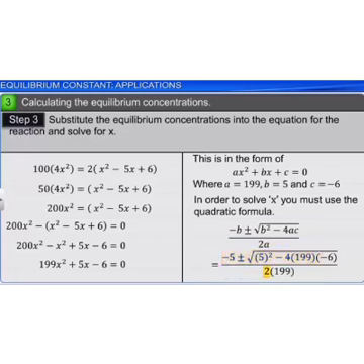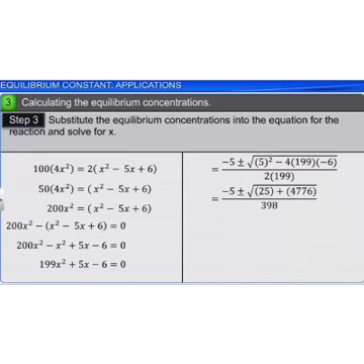This can be written as minus 5 plus or minus the square root of 25 plus 4,776, divided by 398. This can be further written as minus 5 plus or minus the square root of 4,801, divided by 398. The square root of 4,801 is 69.28.